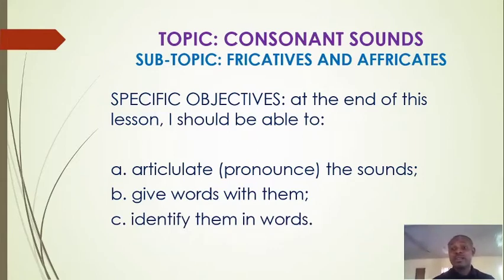The most important parts of this lesson are A and B, including C. But when it comes to examinations like NECO, WAEC, or any other external exams where you have to identify sounds and give words with them, then C is very, very important. So I need you to pay attention to every one of these objectives.